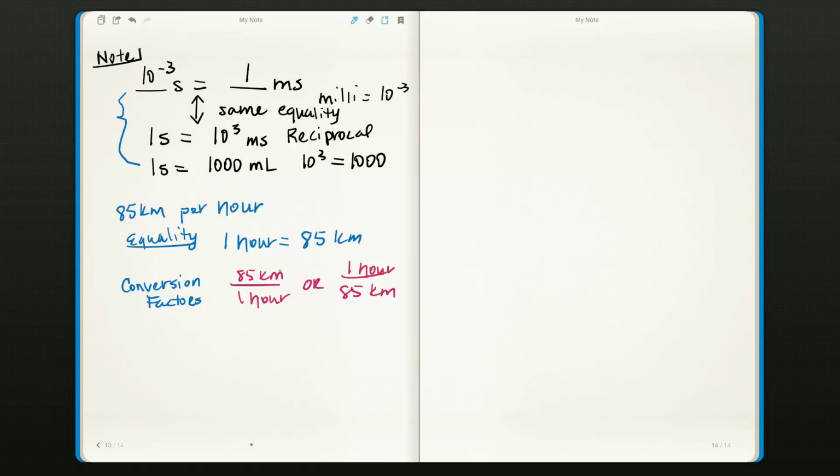So 85 kilometers per 1 hour. This is the same thing as what we said here, just written out in more of a mathematical fashion. So now what we need to do is talk about how to use these conversion factors in problem solving. So this is actually section 2.6.